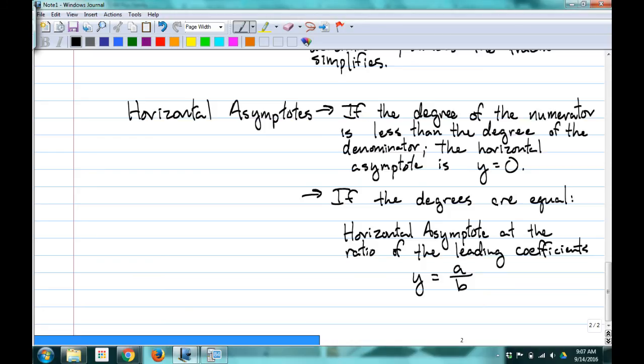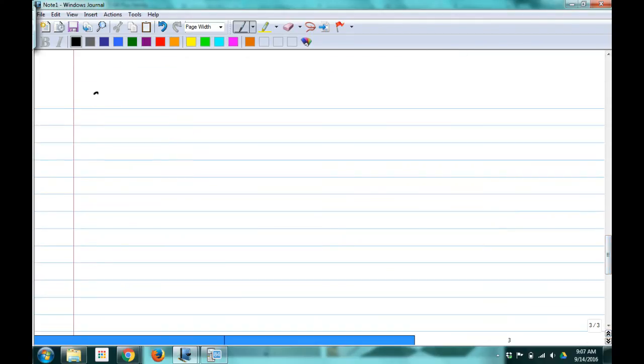They don't have to exist. They sometimes do. Vertical asymptotes, if it's a rational function, are going to exist. Horizontal asymptotes don't always exist. Sometimes, instead of horizontal asymptotes, we will have what's called an oblique asymptote, O-B-L-I-Q-U-E.